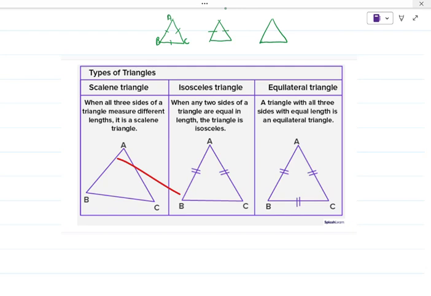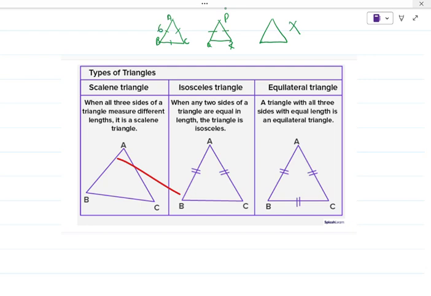A triangle in which three sides are of equal length is called an equilateral triangle. When two sides are equal, like in triangle PQR, where two sides are equal, it is called an isosceles triangle. And when no side is equal, we call it a scalene triangle. That means all the sides are different.